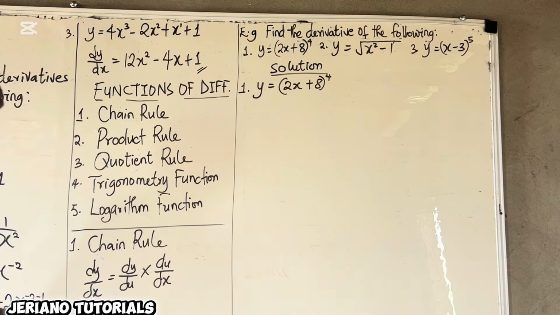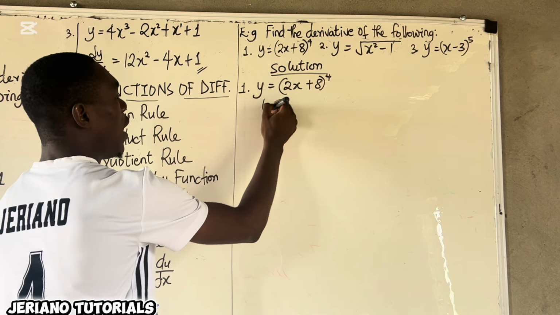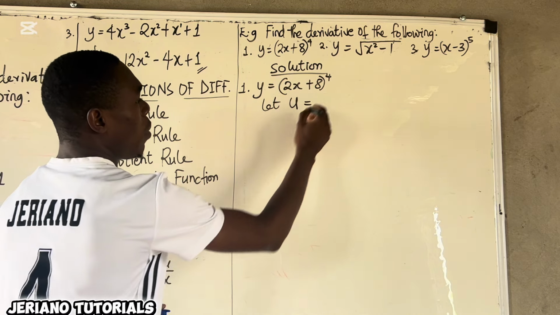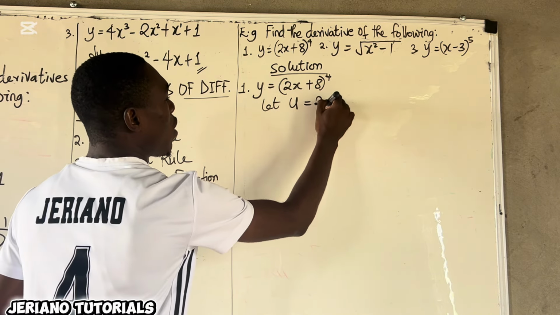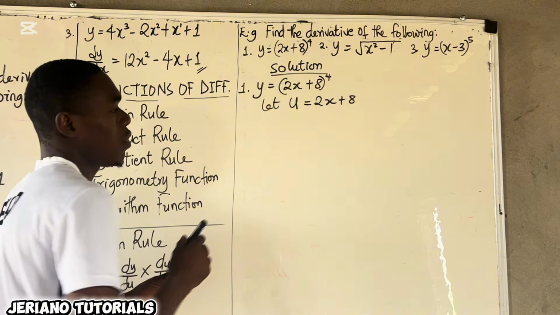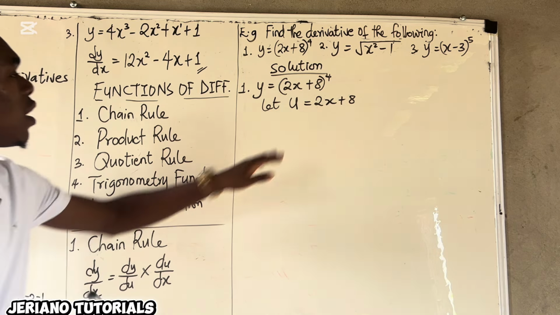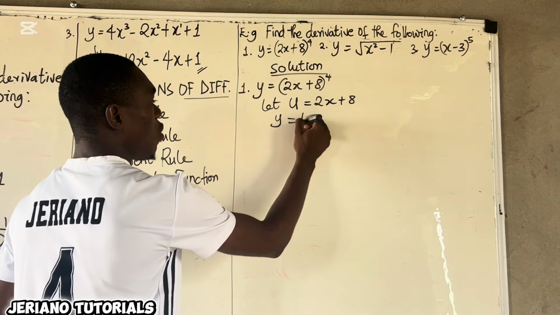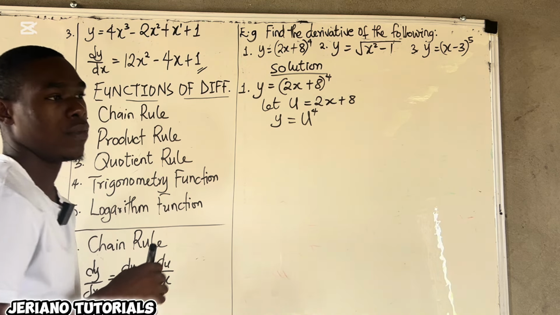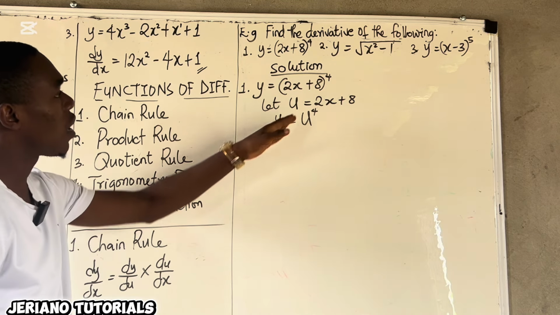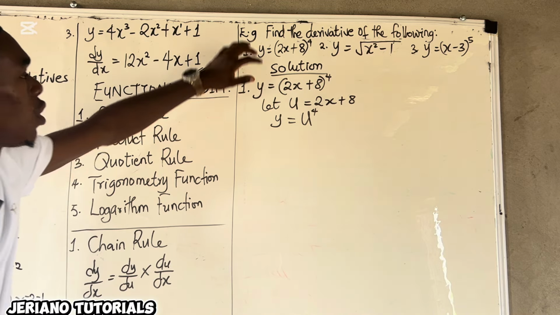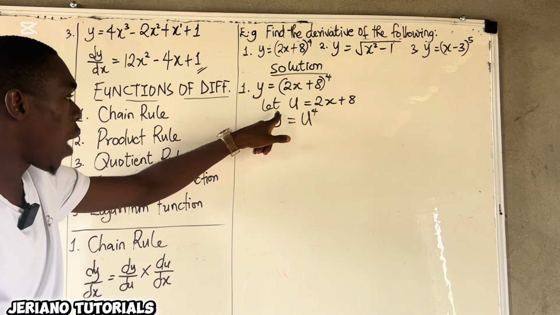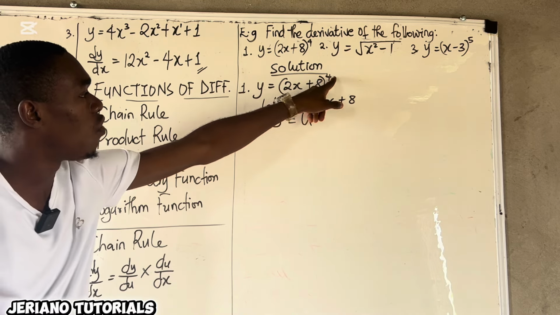Let u be equated to all that is inside the bracket, u equals 2x plus 8. If u is all of this, our y is u raised to the power of 4. That is the step you ought to take during chain rule.